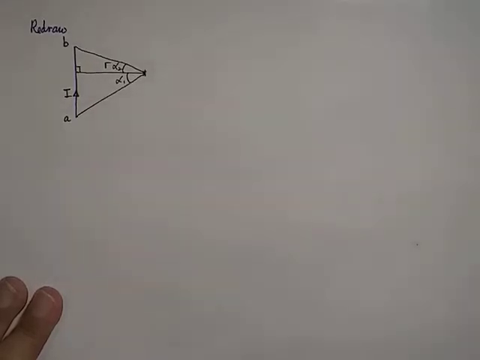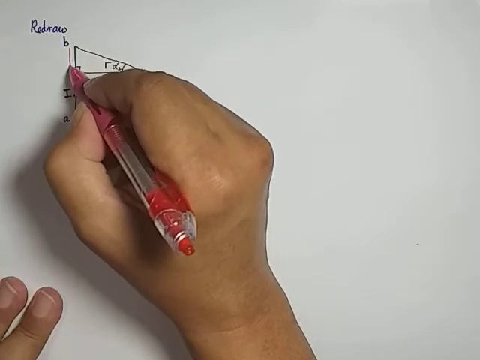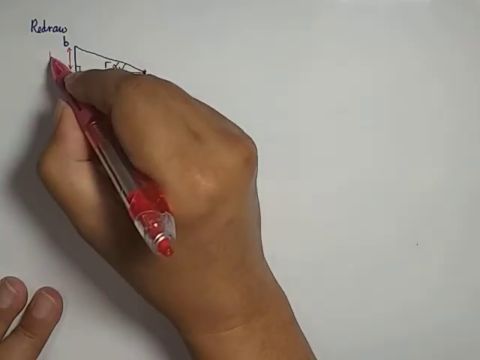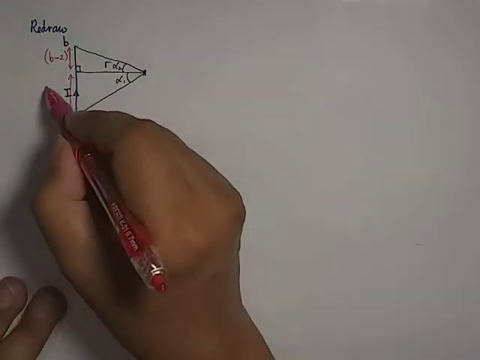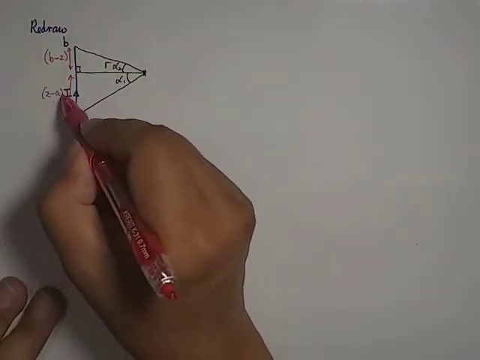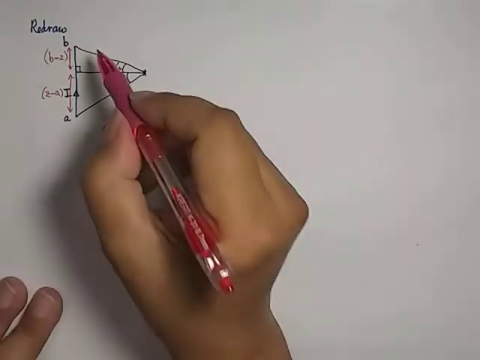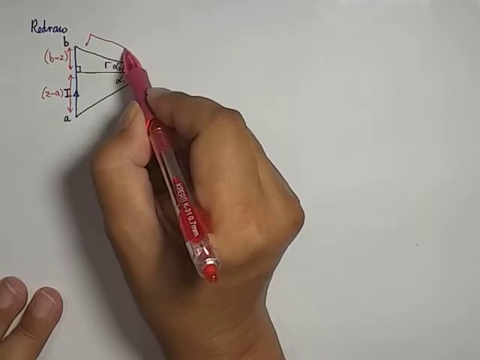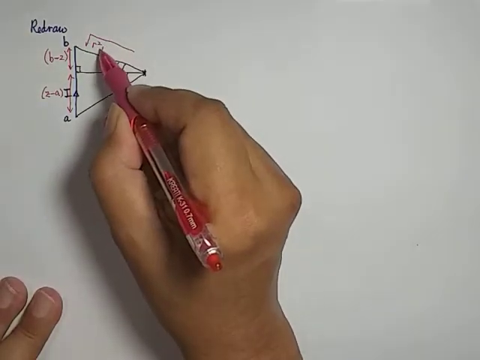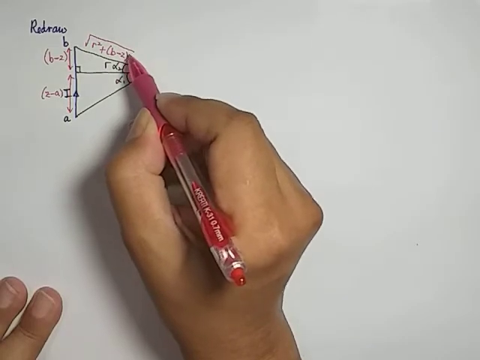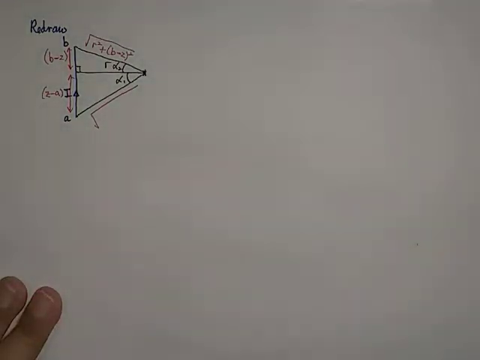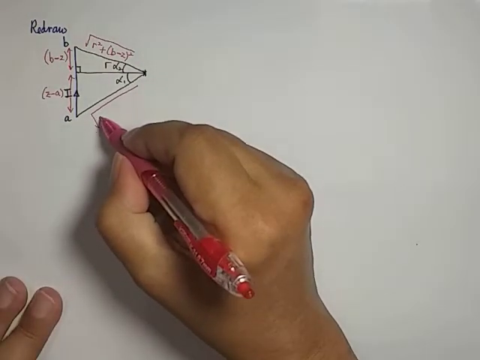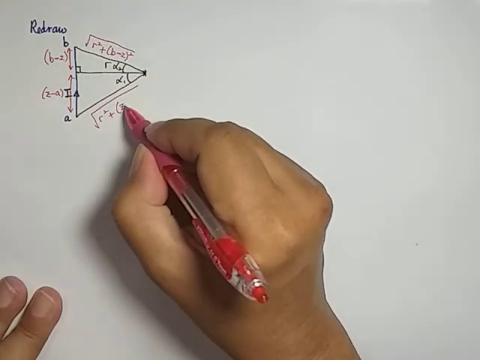Then we're going to give dimensions. This is going to be known as length B minus Z, correct? For this side, this particular diagram is going to have length given as Z minus A. And based on the Pythagorean theorem, this side of the triangle is going to be equal to the square root of R square plus B minus Z square, whereby this side is going to have length the square root of R square plus Z minus A square.